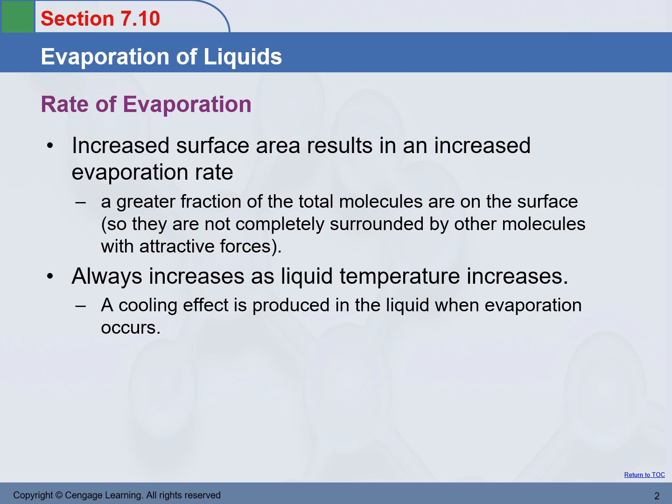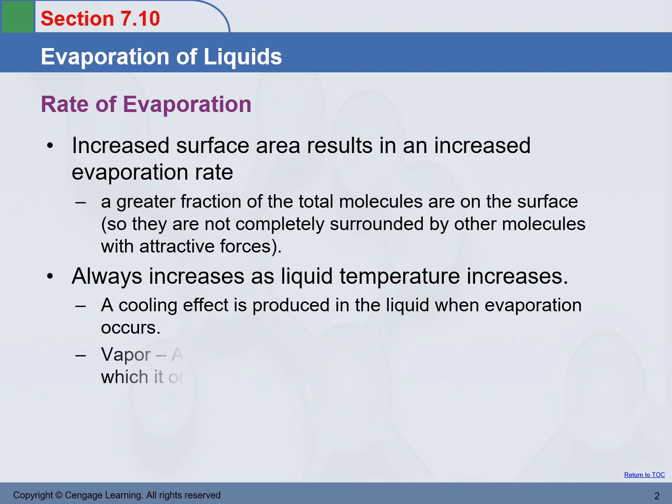However, even if the temperature is lower than 100 degrees Celsius, we know evaporation occurs, which means some of the water molecules will become gas, even though it is not the boiling point of water yet.